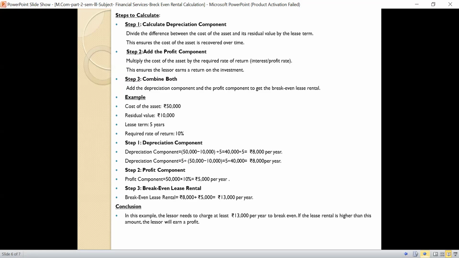Step 2, profit component. Profit component is equal to 50,000, which is the cost of the assets, into 10%, which is the required rate of return, is equal to 5,000 per year.